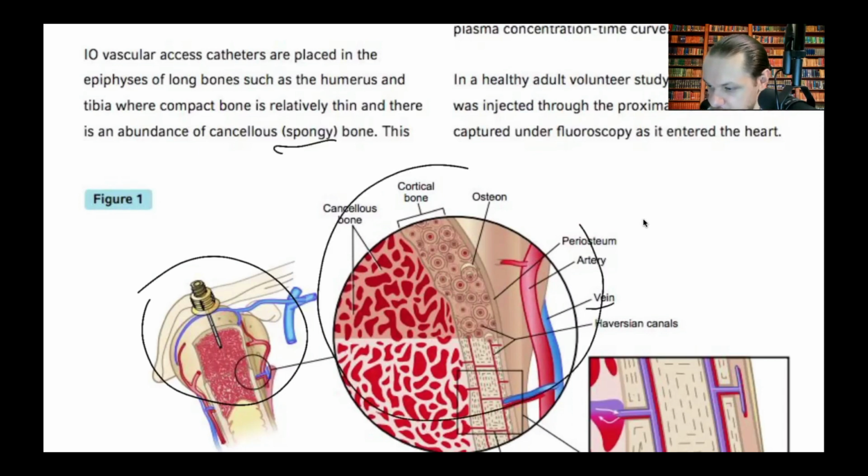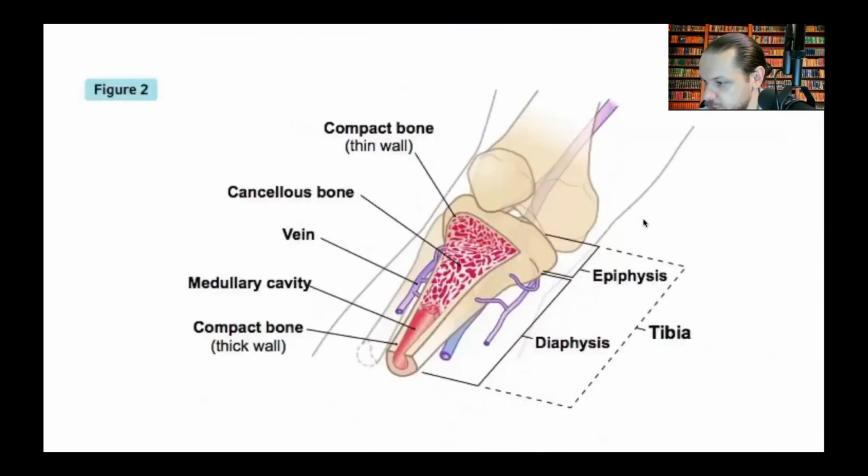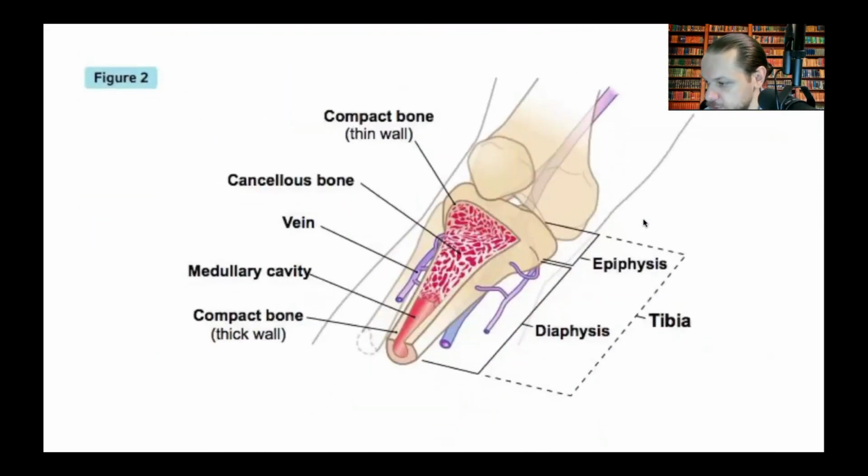So if I have my access with my needle, I can go ahead and give my medications through it. Here's the epiphysis, this is the diaphysis, the shaft. Usually in kids, you don't want to be all the way up here. You want to be lower down, by the tuberosity, and this is where you want to cannulate.